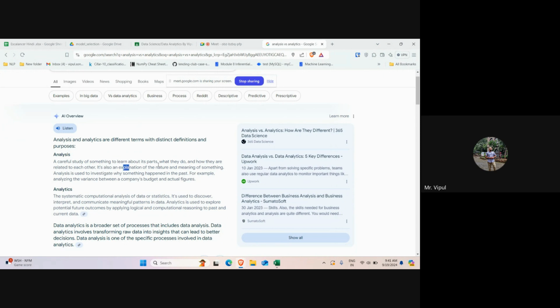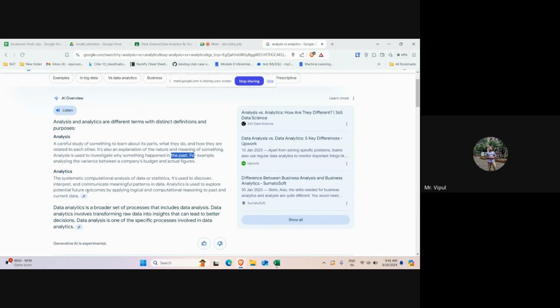It's also an explanation of the nature and meaning of something. Analysis is to investigate why something happened in the past, for example, analyzing the variance between a company's budget and actual figures. Analytics is the systematic computational analysis of data or statistics.